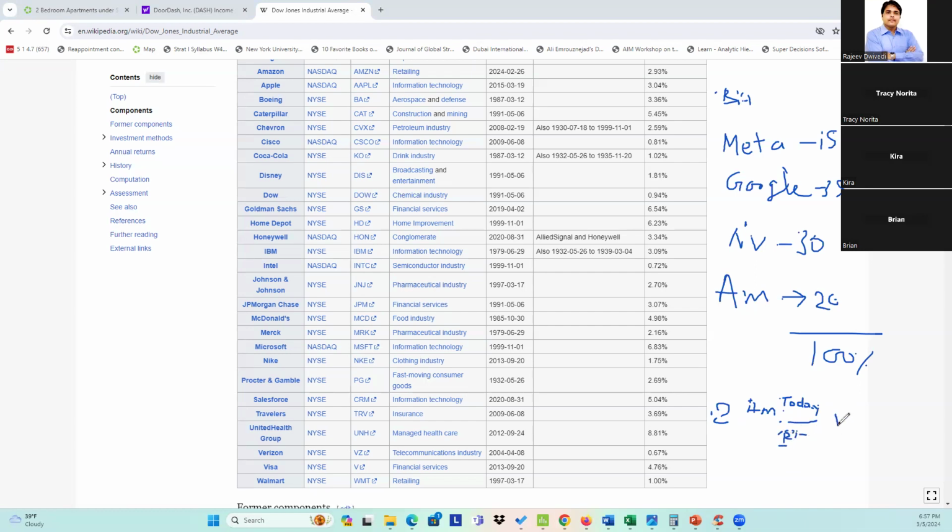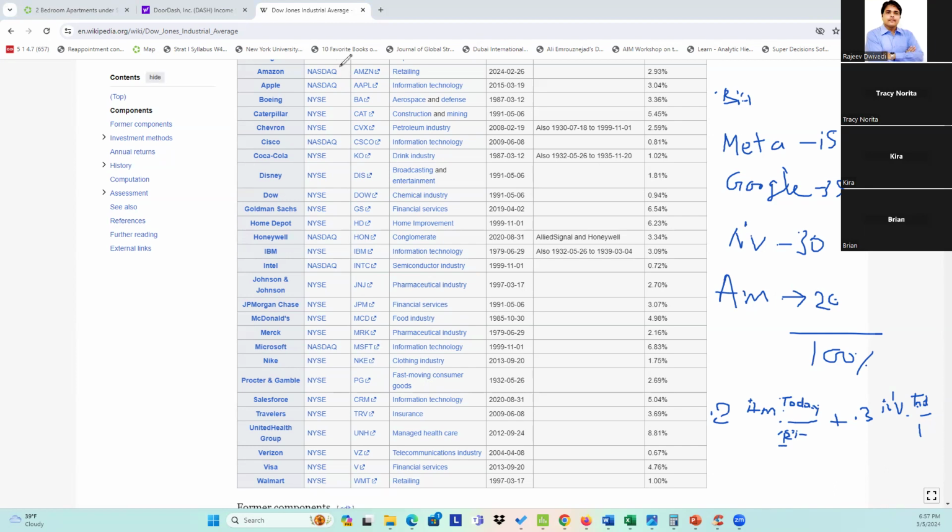Similarly, plus 0.3 NVIDIA today divided by NVIDIA on the first day. So this is how, if I do all of them, I can get the values.